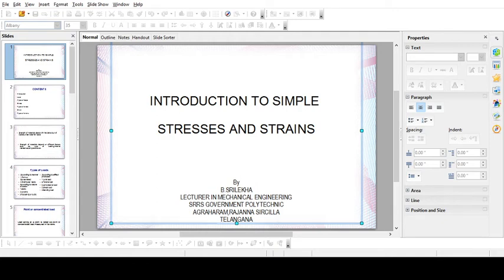This change in the length with respect to the original length is strain. In case of compressive load, it will simply shorten the length.